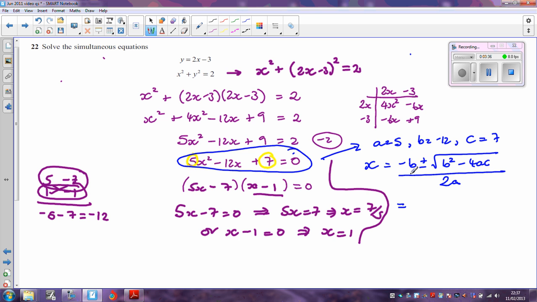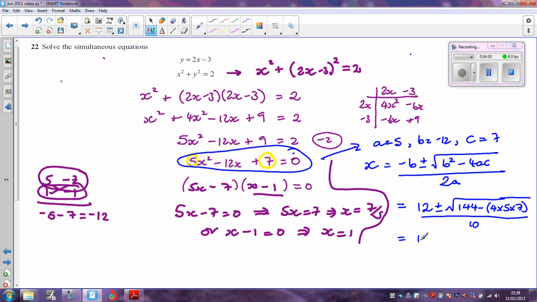So if we keep going, minus b, well if b is minus 12, then minus b is going to be 12. So it's 12 plus or minus the square root of b squared, which is going to be 144, and then it's minus 4 times a, which is 5, times c, which is 7, and all of that is divided by 2a, which is going to be 10.